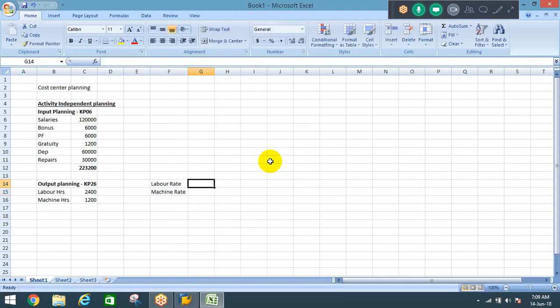Labor rate, machine rate. If you want to calculate the labor rate, what is the formula? Total cost related to labor divided by number of labor hours.